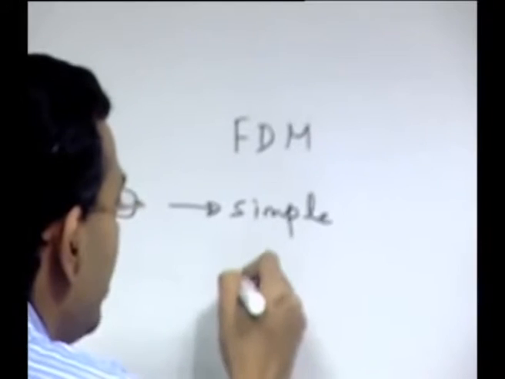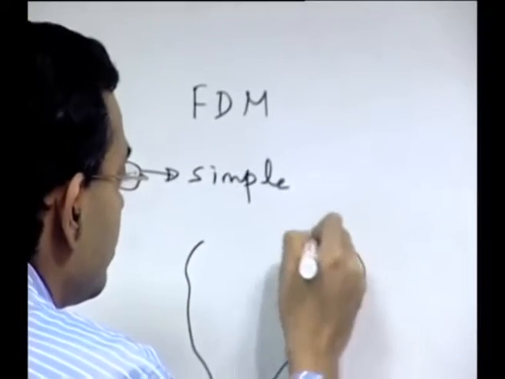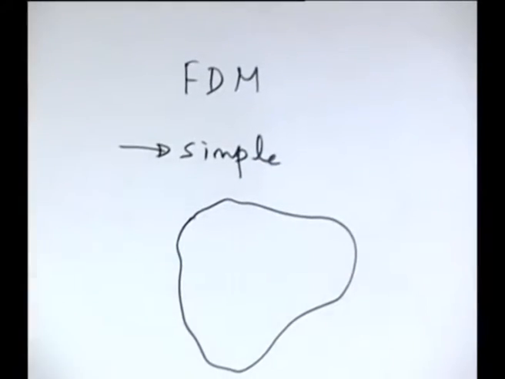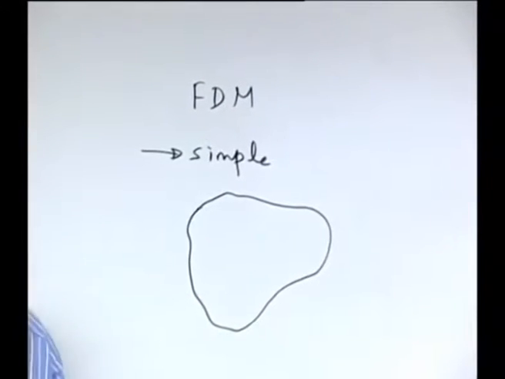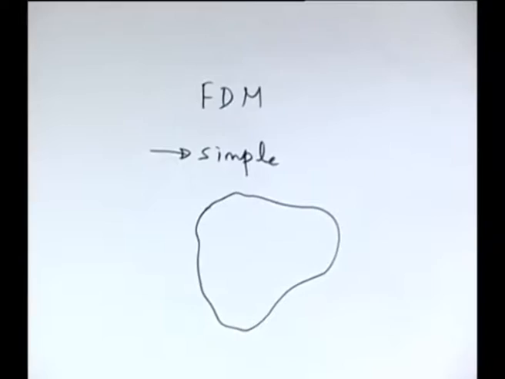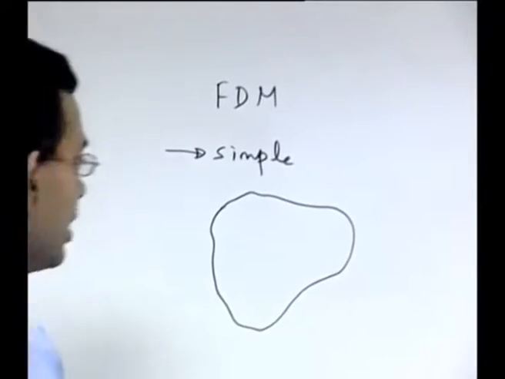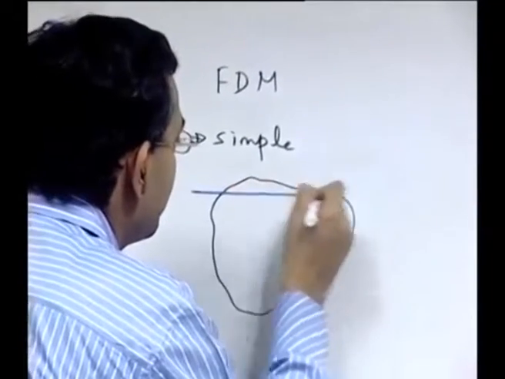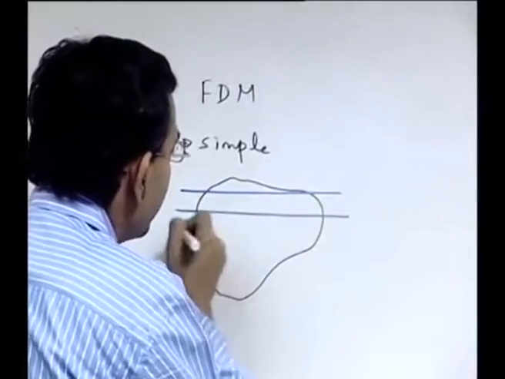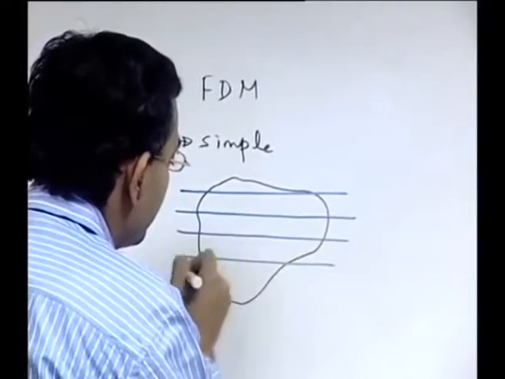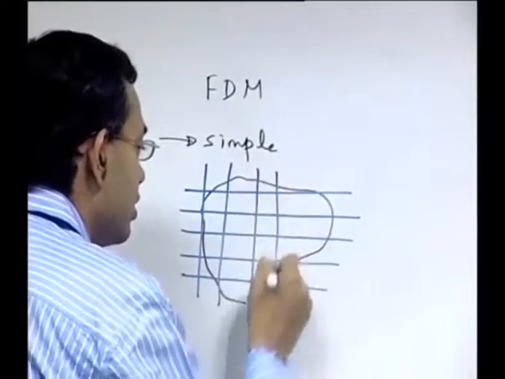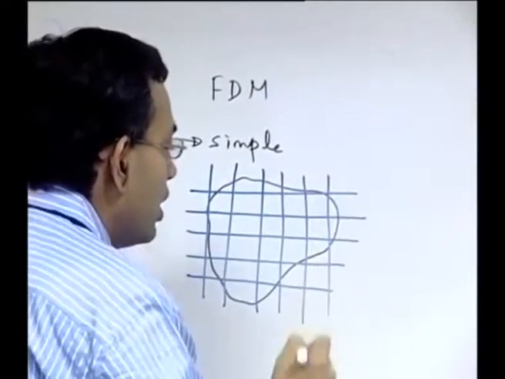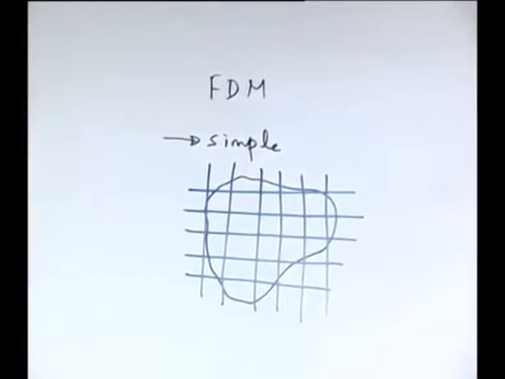For example, if you are dealing with a very complex geometry and you are trying to discretize this complex geometry using the finite difference method, then you have to remember that the finite difference method requires grid lines, which are stencils, oriented in this mutually orthogonal manner.